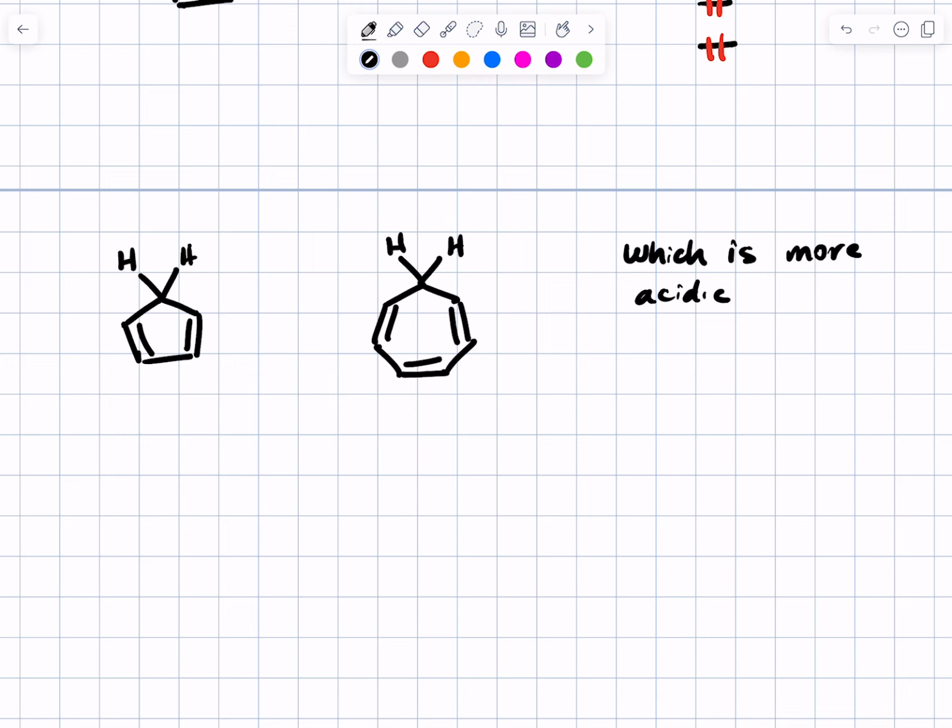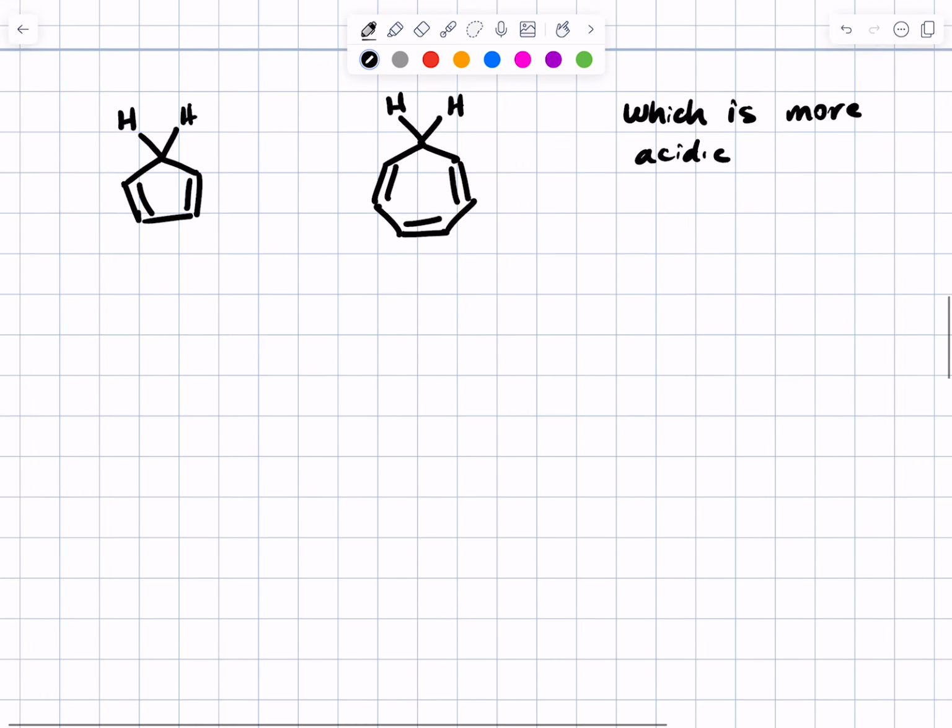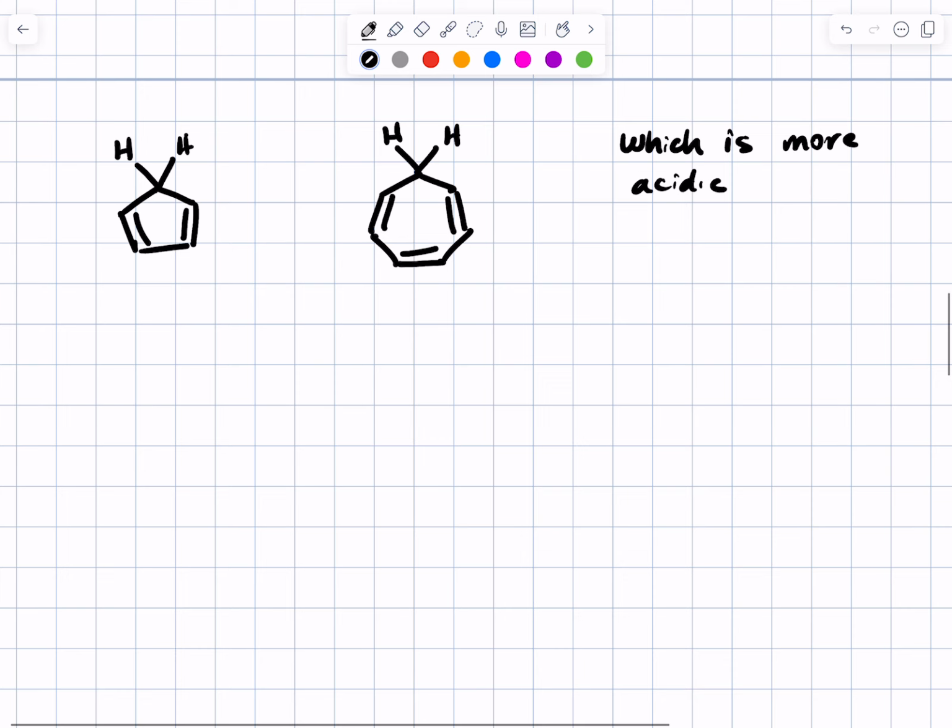And the way you're going to come to that conclusion is to say, okay, if I don't know what to do in a question about acidity, I always draw the conjugate base. So go ahead and draw the conjugate bases of those two molecules. That is, what would be left behind when we remove a proton.